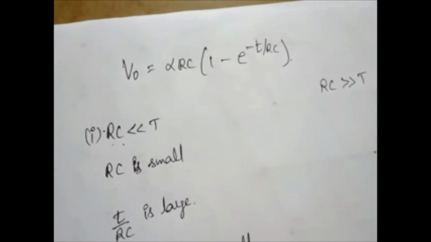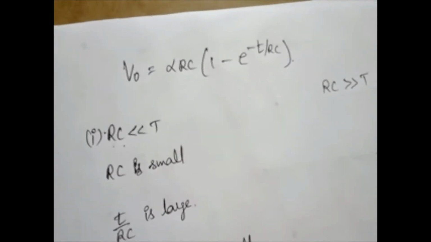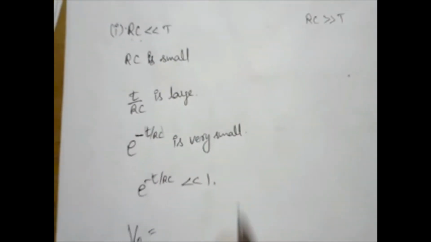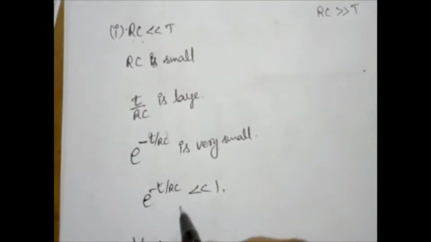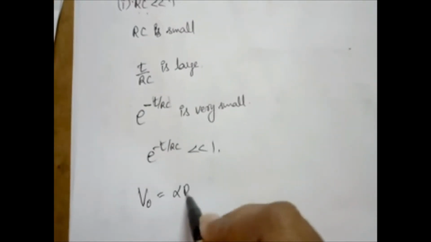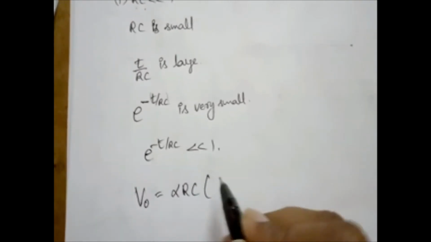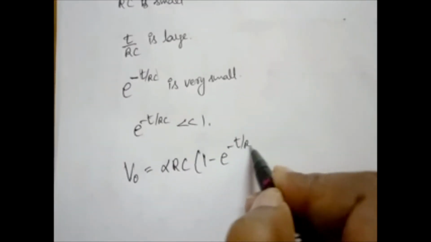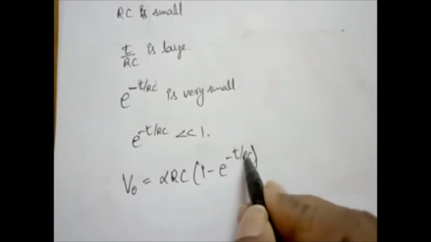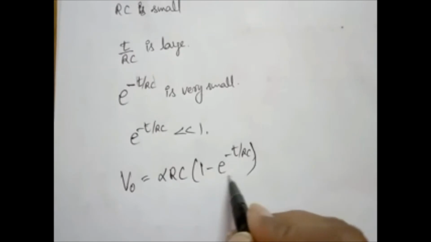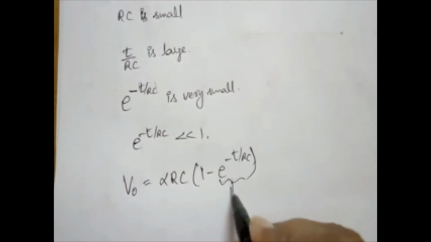Therefore V0 is alpha into RC into 1 minus e power minus t by RC. Here e power minus t by RC is very much less than 1, therefore we neglect this term.